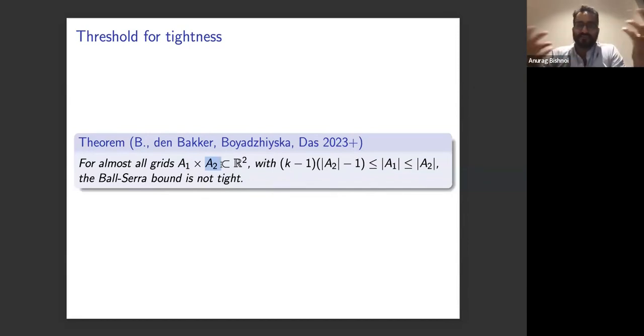So a generic grid, if you want. Because the highly structured grids will be very special examples. And the way we prove this result, so now I get into some proofs, is not by polynomial method, but by using linear programming techniques.